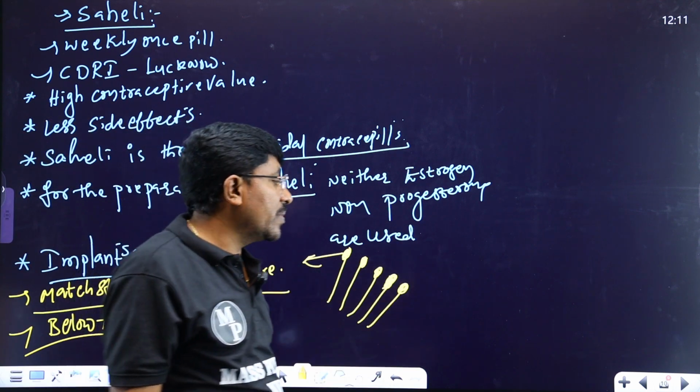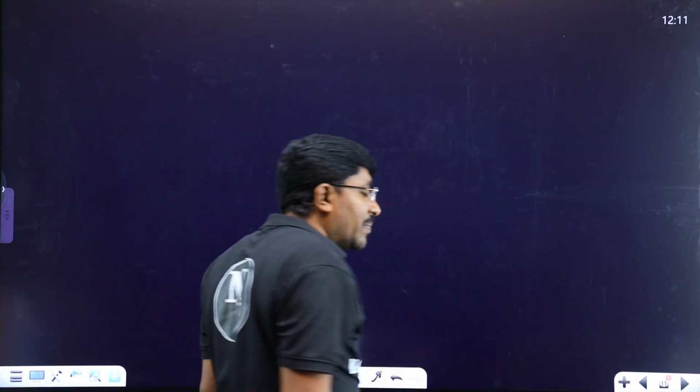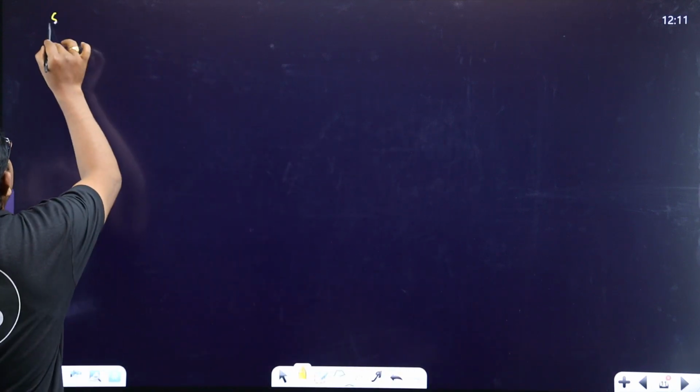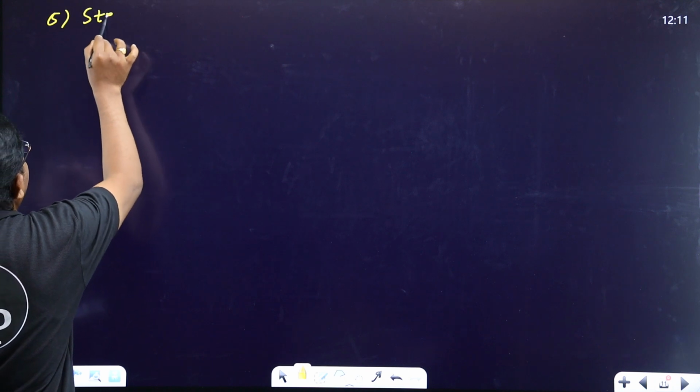This is the fourth type, and the last type of contraceptive method, that is the sterilization method.